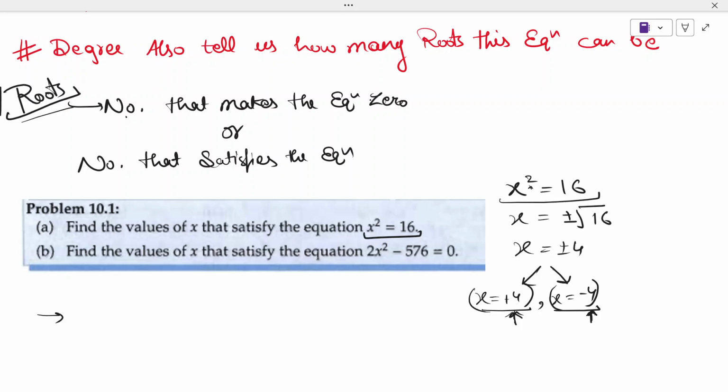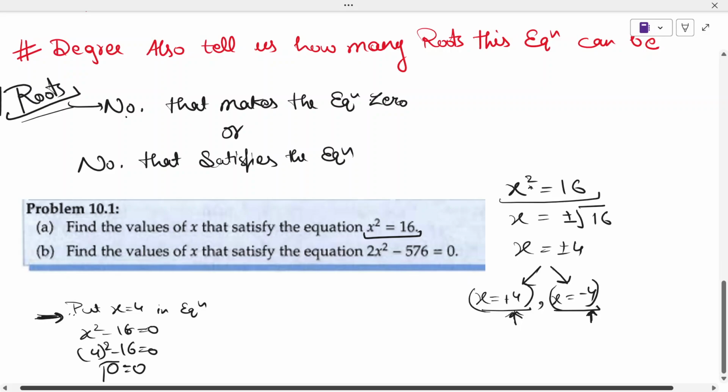Let me prove this to you. Put x equals 4 in the equation x square minus 16 equals 0. 4 square minus 16 equals 0. 0 equals 0. LHS equals RHS.